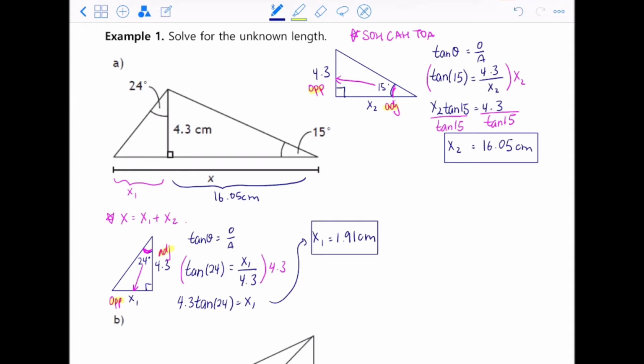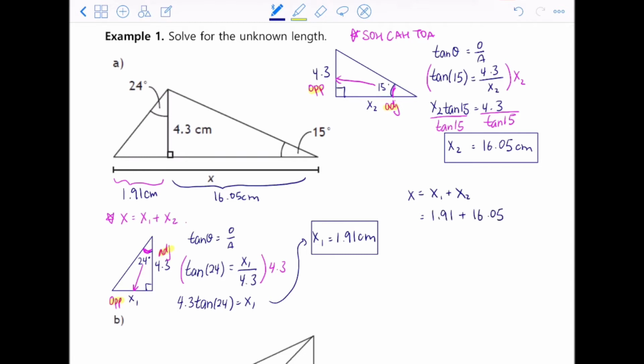And then finally we can solve for x now. So x equals x1 plus x2. Therefore, x1 is 1.91 and x2 is 16.05.